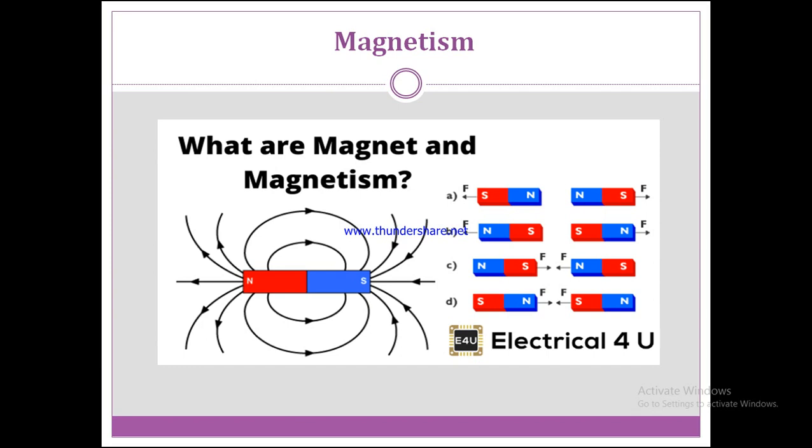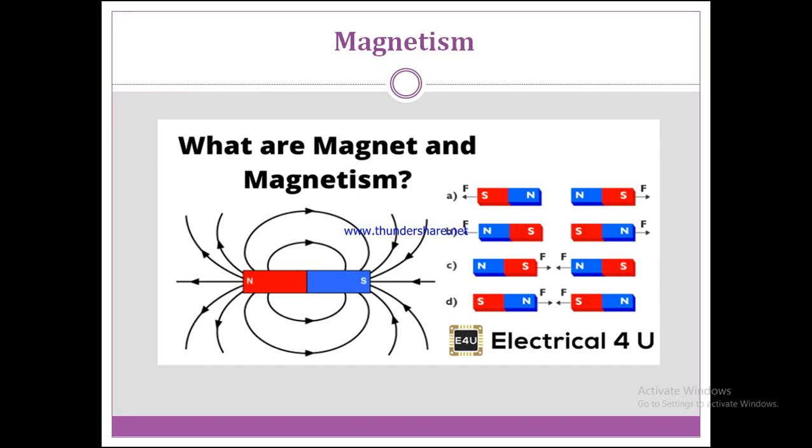And the fourth combination is nothing but the S and N pole of a magnet, with another magnet, that is S and N, so the N pole is nearly closer to the S pole.